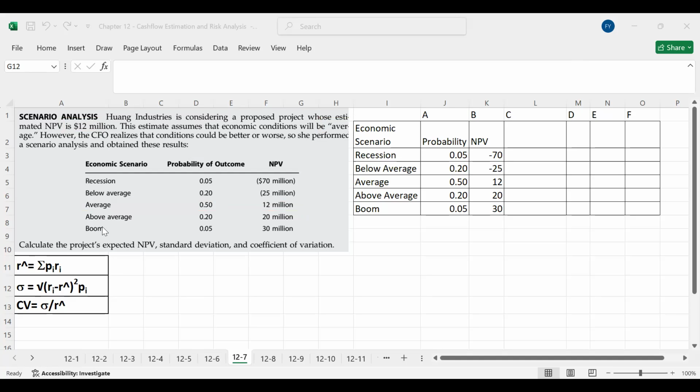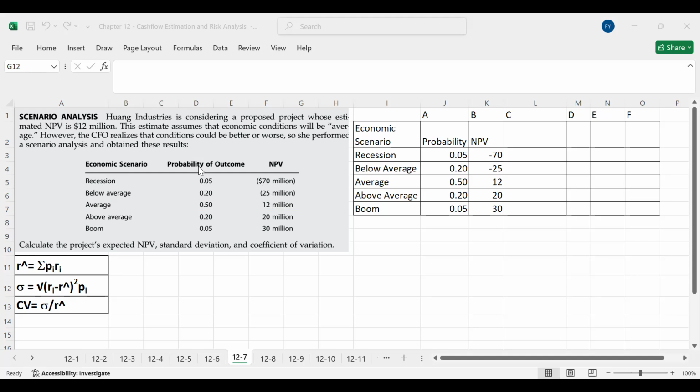Based on these economic scenarios, the NPV is also given. When the economic scenario is recession, then NPV would be negative, which is minus $70 million, then minus 25, and then increasing when the economic condition is improving from average to the boom.